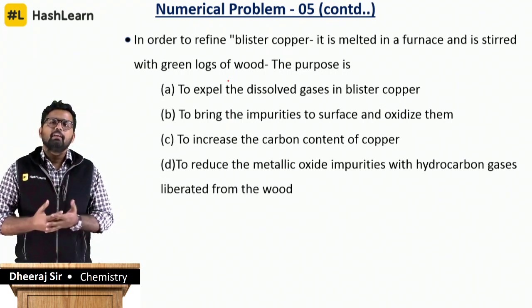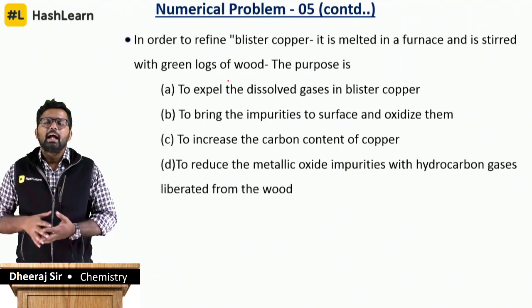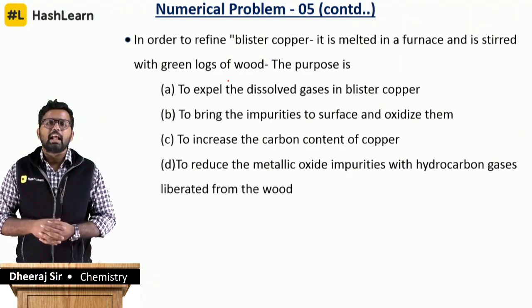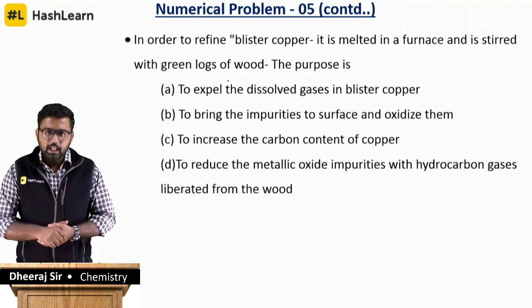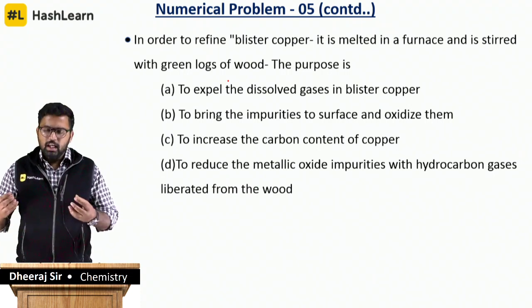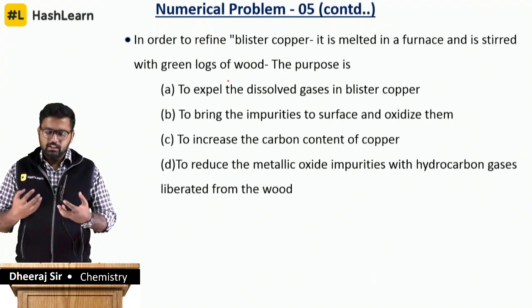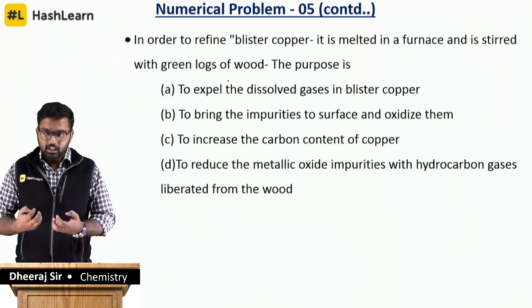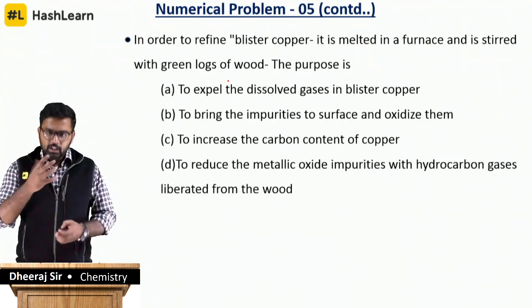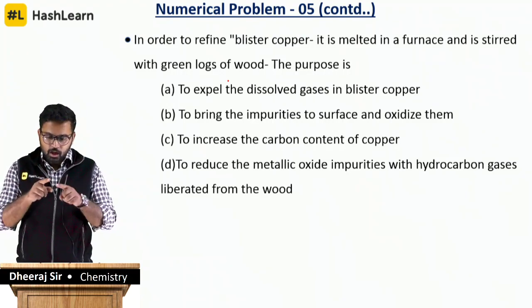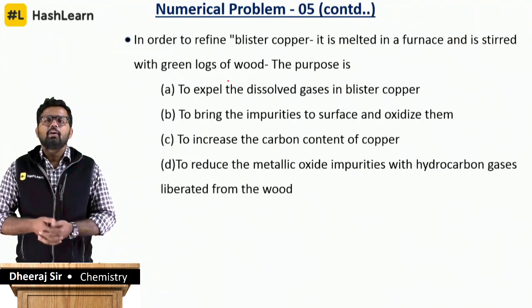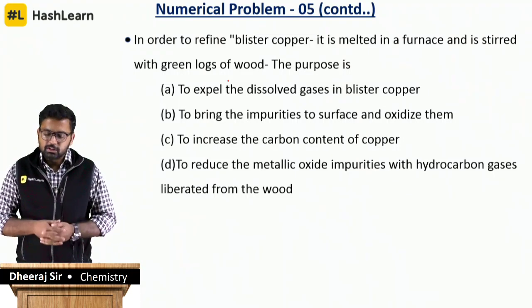Along with that, the sulfur tends to escape as sulfur dioxide due to heavy oxidation caused by blowing hot air. While that is happening, the sulfur dioxide gas escapes from within the molten ore material, and craters or small marks are left on the surface, which are called blisters. So that is blister copper for you.